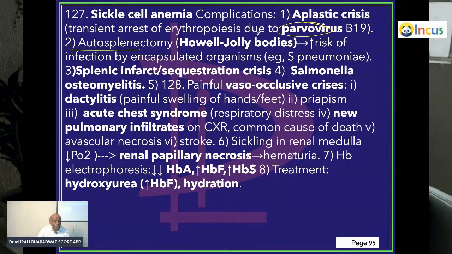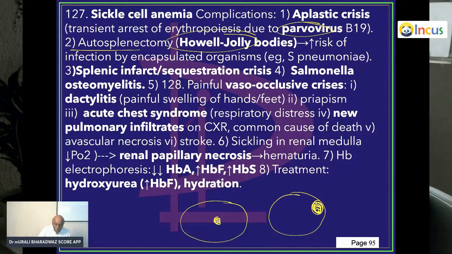Then with autosplenectomy, Howell-Jolly bodies can be there. What is a Howell-Jolly body and how does it differ from a Heinz body? In the Howell-Jolly body, it is a single nuclear remnant, and here it is perinuclear. Then there is increased risk the moment your spleen is not there.